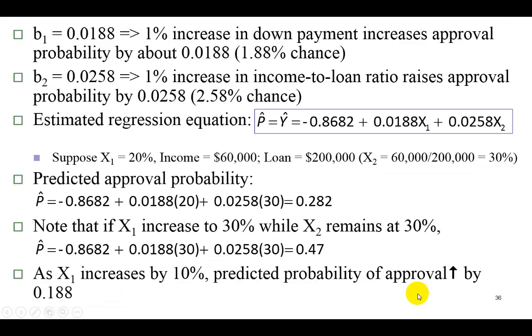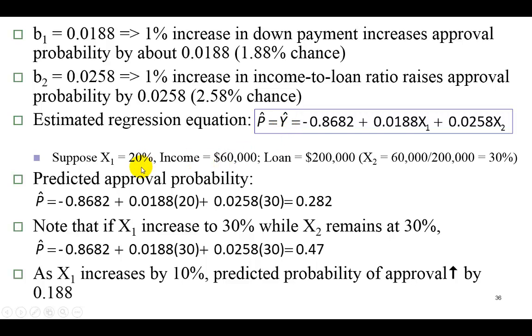So with that, we can actually go ahead and estimate the regression equation in the way that I have summarized right here. So this is our p hat, the estimated probability, which is the same thing as y hat, the estimated regression equation.